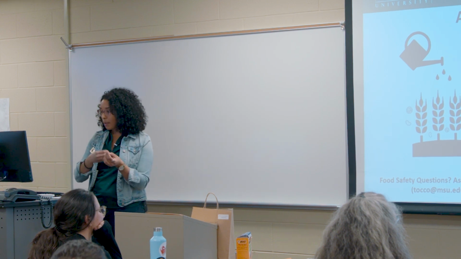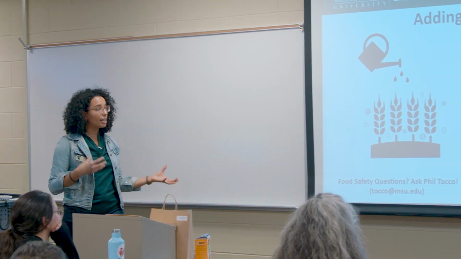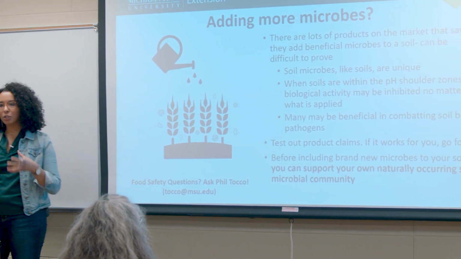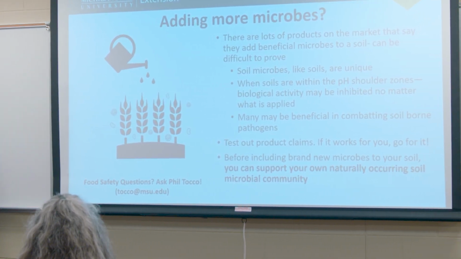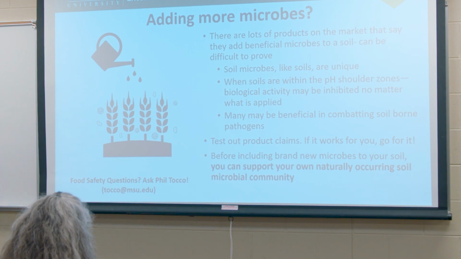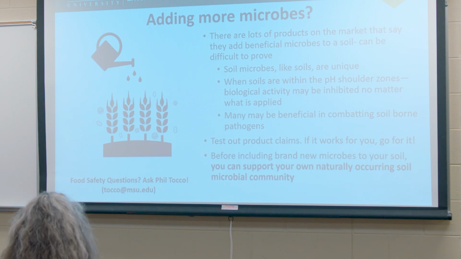Soil microbes, like soil, are unique. And so something to consider is first improving your natural microbial community, right? To stabilize that is so important. When you add a microbe from a product, is that microbe even going to be able to survive in the soils that you have? So that's huge.